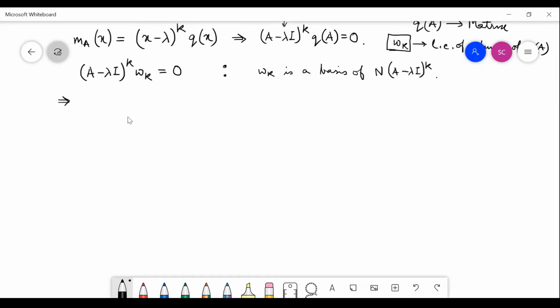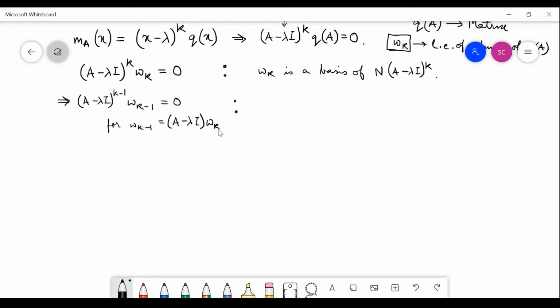Here I will write the implication sign: (A minus lambda I)^(k-1) omega_(k-1) equal to 0, for omega_(k-1) equal to (A minus lambda I) omega_k. True?